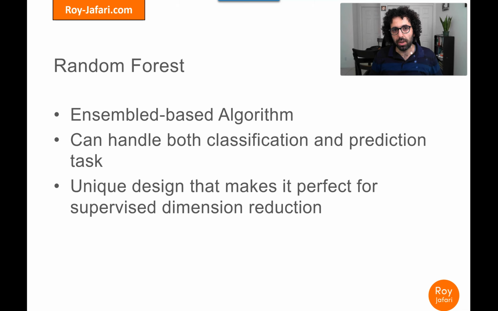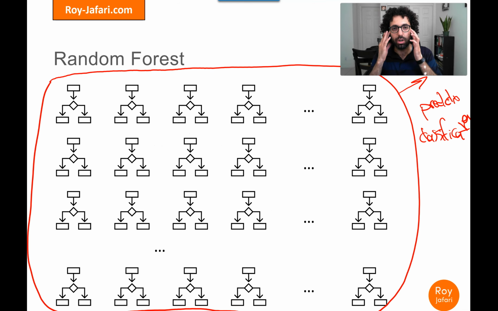But what is interesting for us as far as random forest being able to do dimensionality reduction is the unique design of the algorithm. Using so many different decision trees gives us the opportunity to get an insight on the relative importance of each of these independent attributes, just by checking how often one independent attribute appeared in these decision trees.